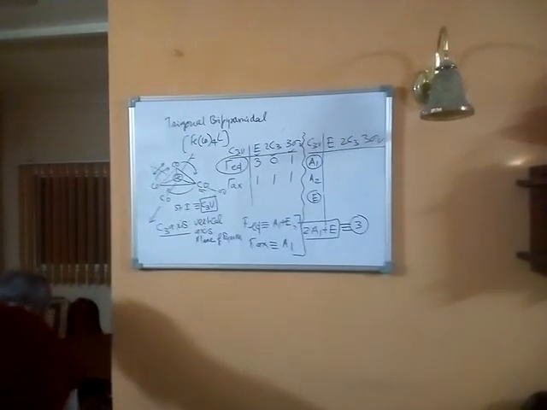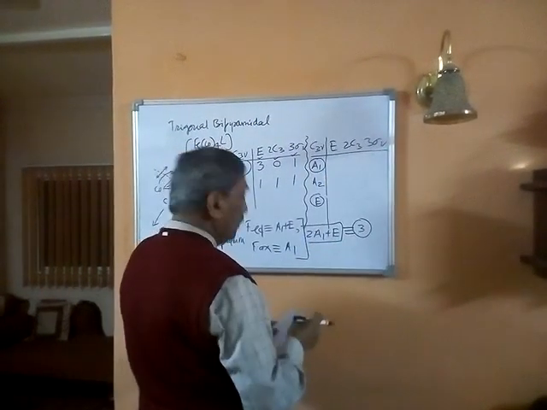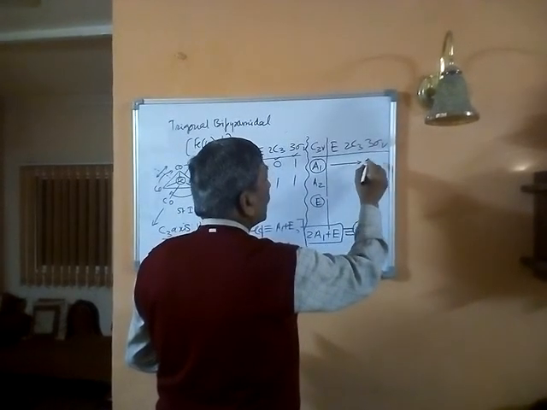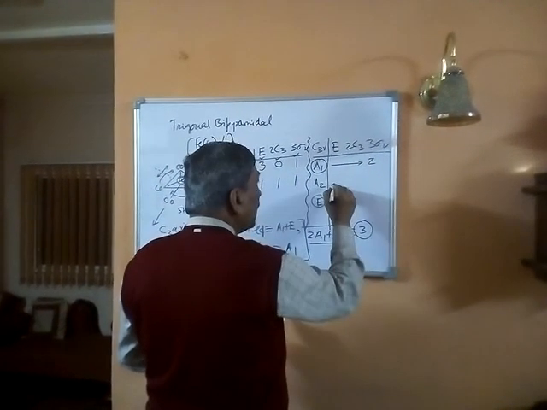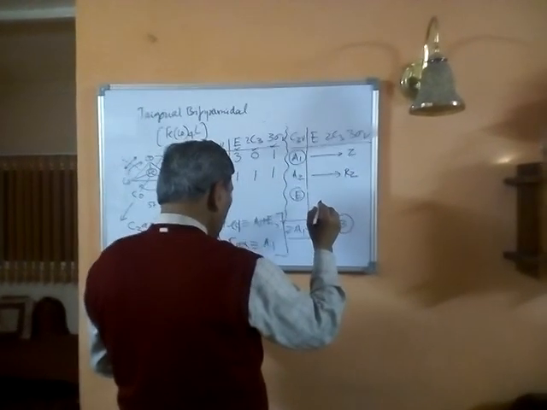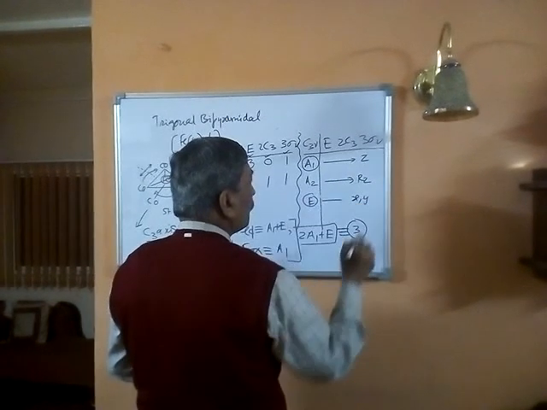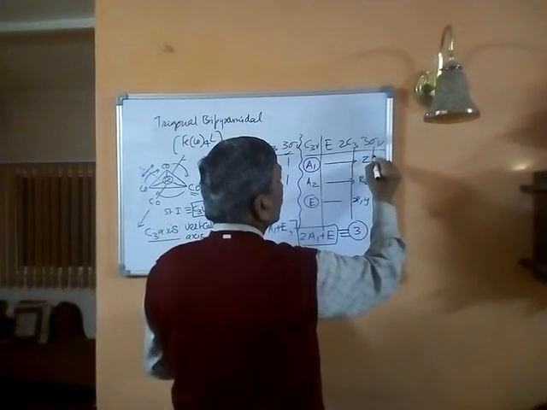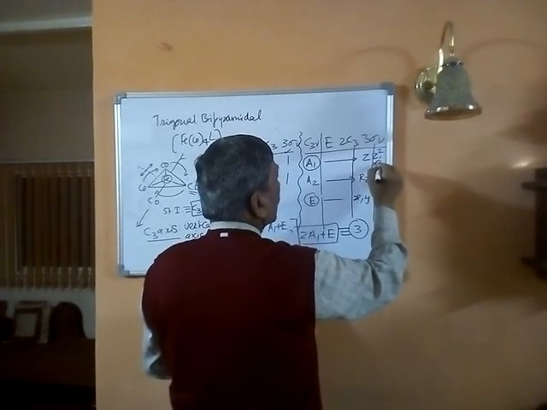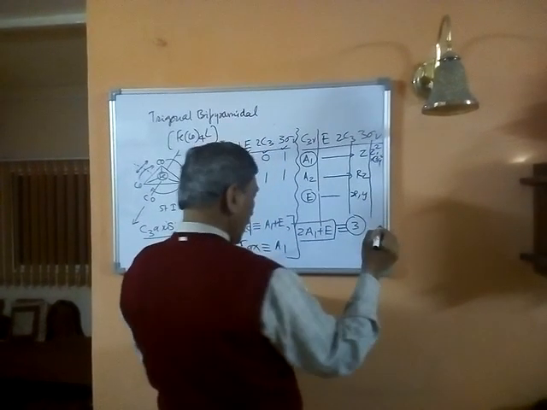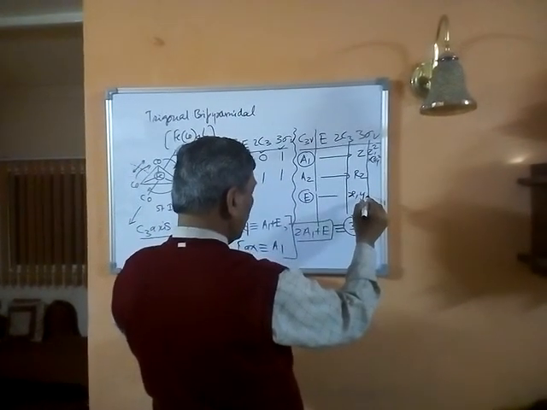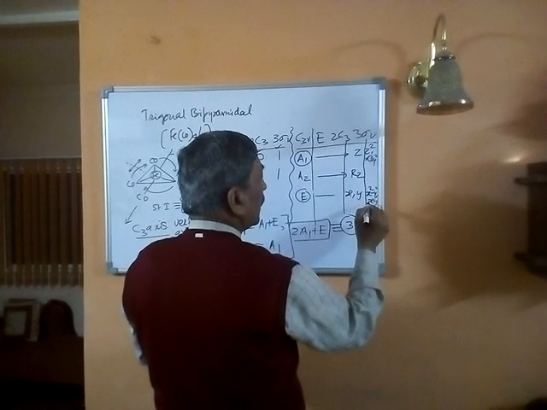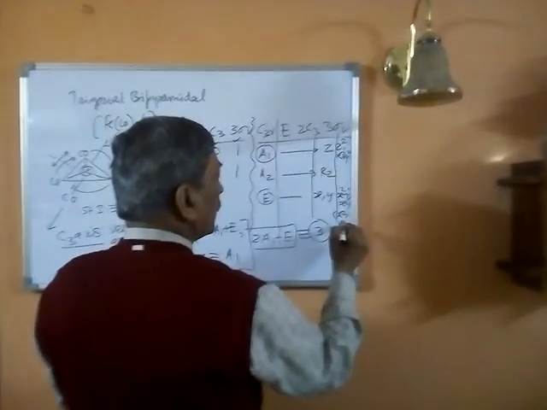Under A1, the transformation property is basically Z, A2 is transforming as RZ, E is transforming as X, Y. And if you look at the squares, this is transforming as Z squared and X squared plus Y squared, and this is transforming as X squared minus Y squared and XY, and also XZ and YZ.